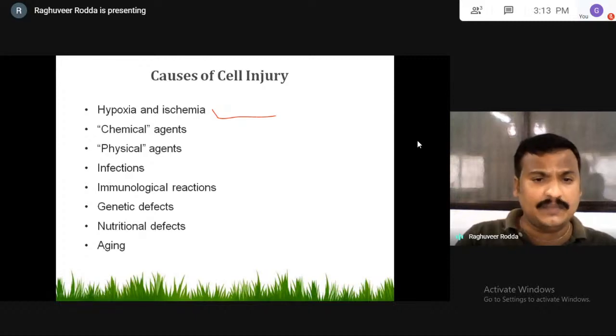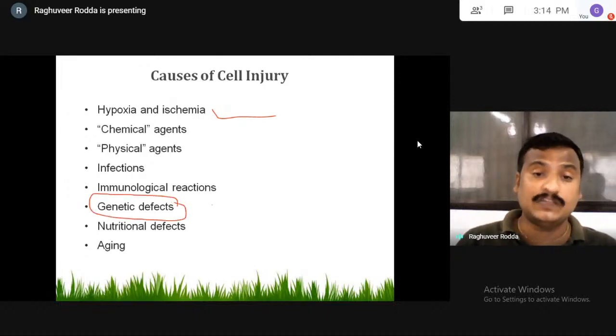And another important thing is genetic defects. Genetic defects, the inborn ones, and the genetic defects which take place during life. Chromosomal abnormalities or mutations.